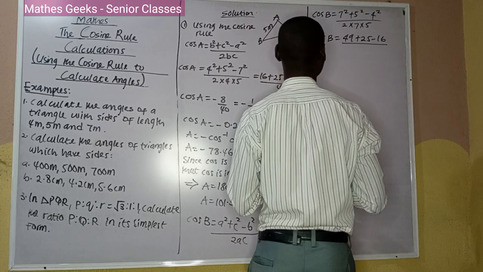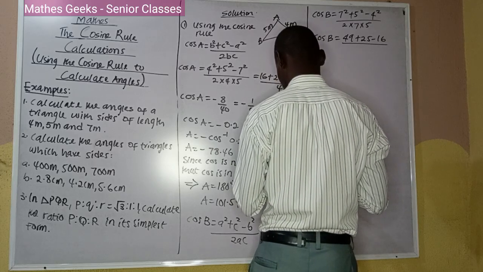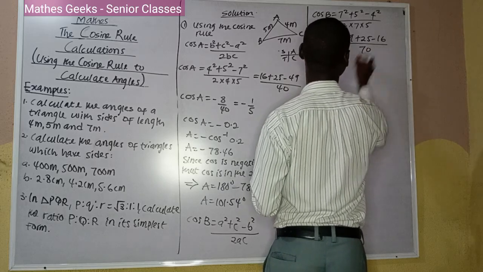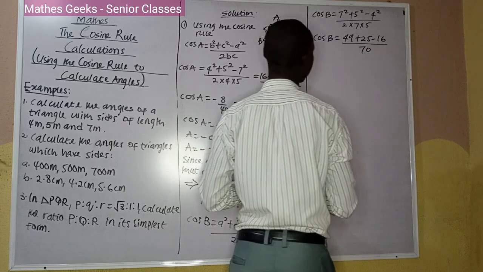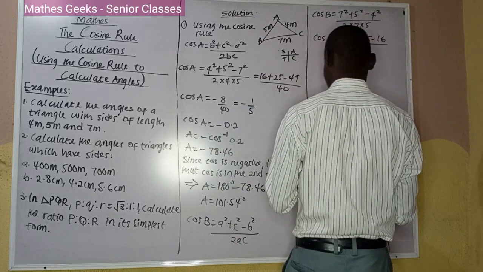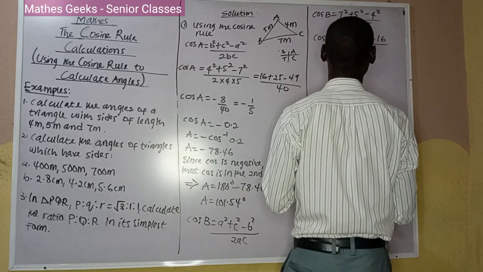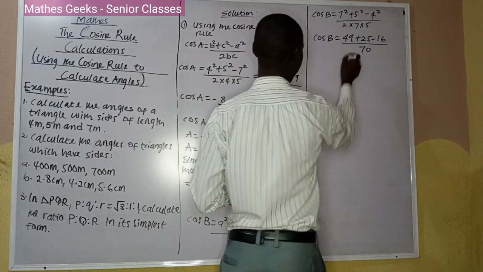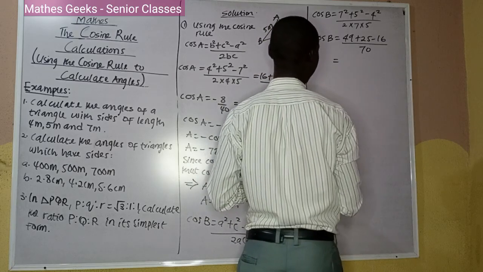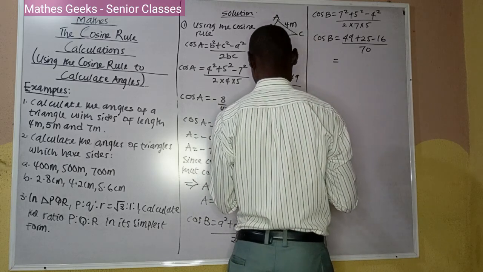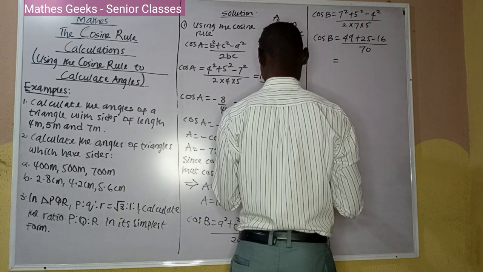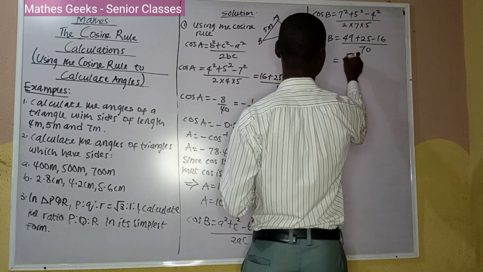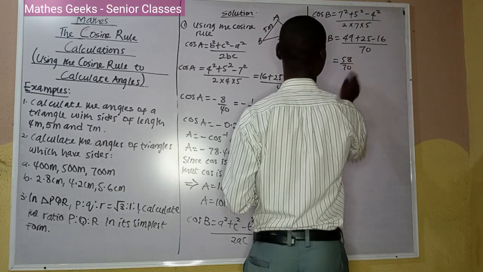So cos B is equal to 49 plus 25 minus 16 over 2 times 7 times 5. 2 times 7 is 14, 14 times 5 is 70. This will give us 49 plus 25, 74, minus 16, 58. 58 over 70.